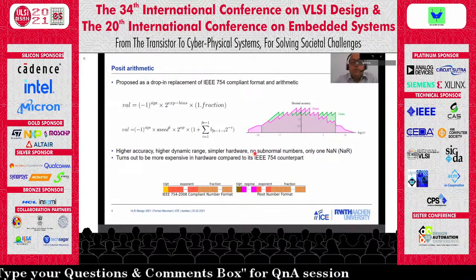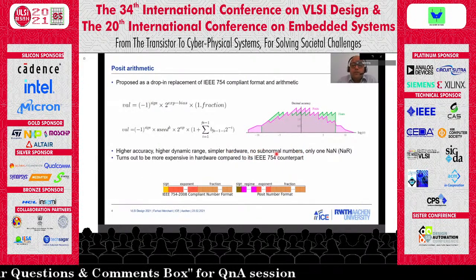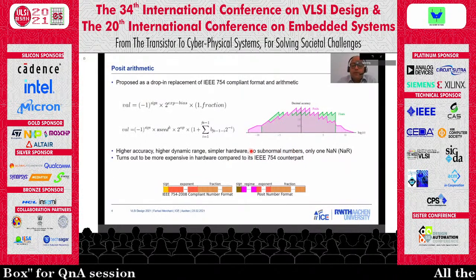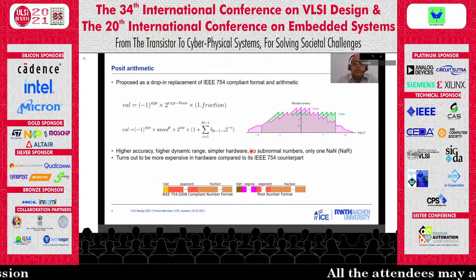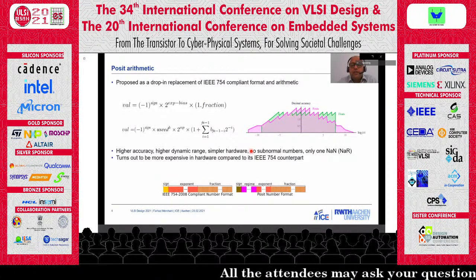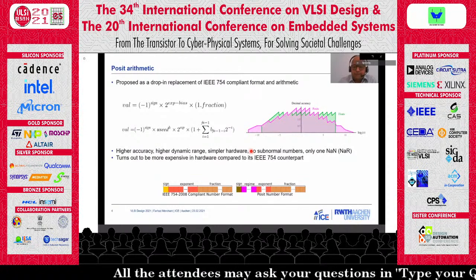Also, POSIT has no notion of subnormal numbers. Subnormal numbers were proposed in the IEEE 754 standard to cover the gap between 0 and underflow. In case of subnormal numbers, you usually change your implicit bit to 0 and then right shift your fractional part to represent the number.